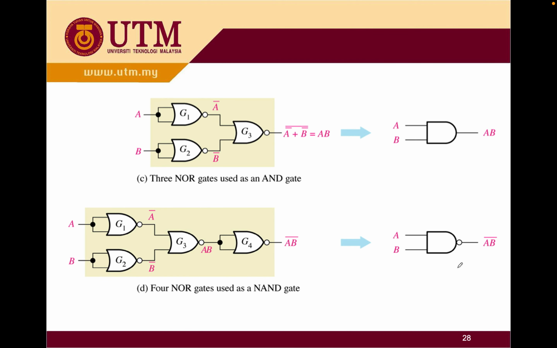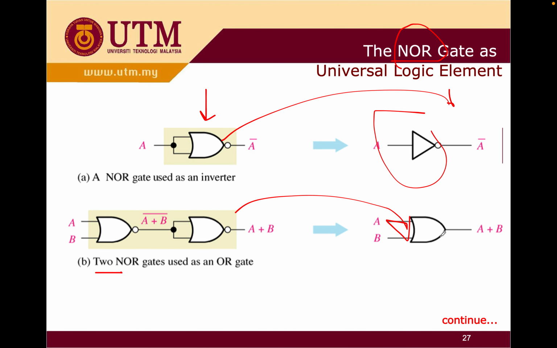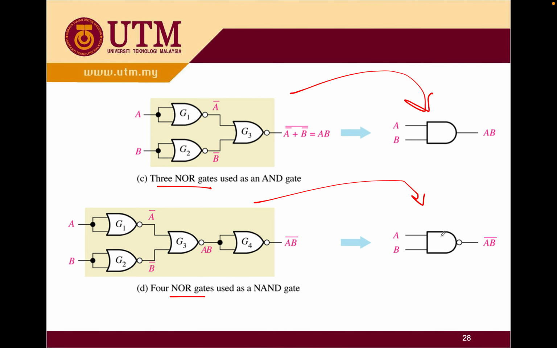And when you have three NOR gates, you're going to have the AND gate. And lastly, when you have four NOR gates, you can represent it as one NOR gate. Four NOR gates, one NOR gate. So please make sure you memorize all of this table or picture.